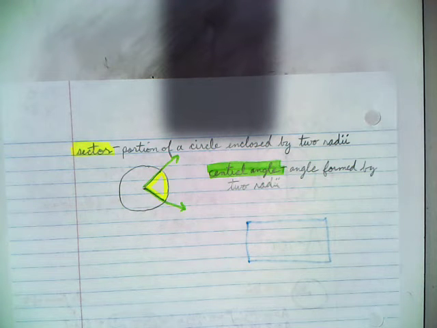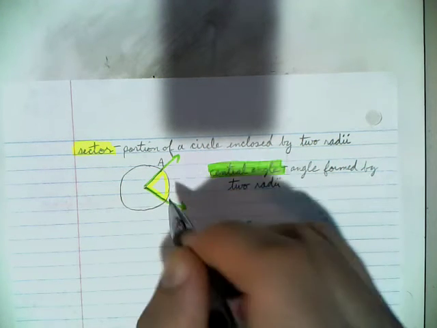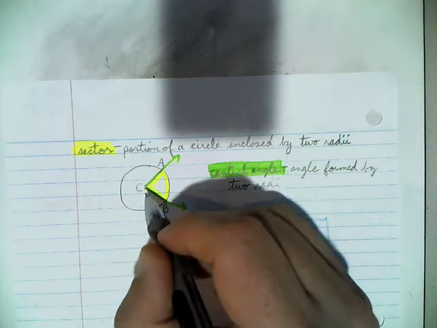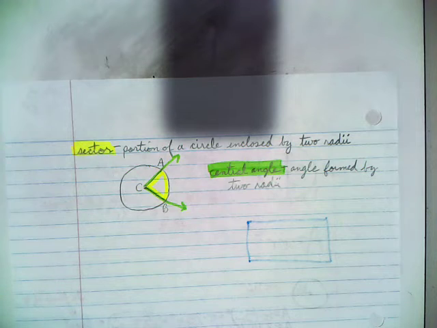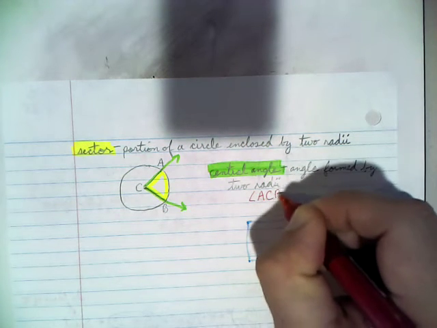There's our central angle there. In this case, if I were to put some letters to this, let's say that where the radius hits the circle there is A, and where it hits is B. Let's call the center C for center. Then my central angle in this case would be angle ACB.